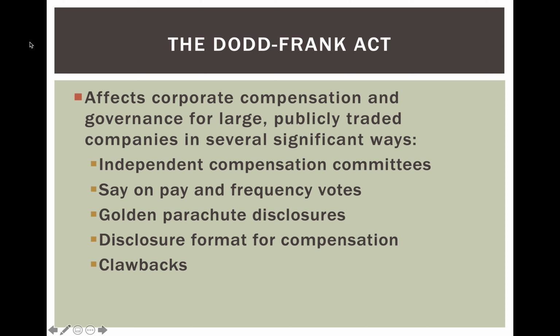The Dodd-Frank Act also set forth a disclosure format for compensation. What it does is it basically provides charts or ratios showing how the executives are being compensated versus the financial performance of the company.